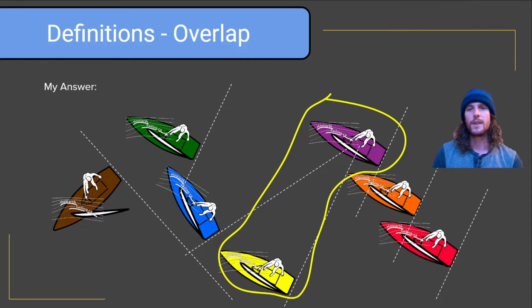Lastly, the magenta boat and the yellow boat are overlapped, and we can tell this because if we draw a line perpendicular to the stern of the yellow boat, it extends all the way out and crosses through the magenta boat. So we would say that the magenta boat and the yellow boat are overlapped. You might wonder why the blue boat is not also overlapped through the magenta boat back to the yellow boat. And the reason for that is because the magenta boat is well outside of the blue boat and the yellow boat.